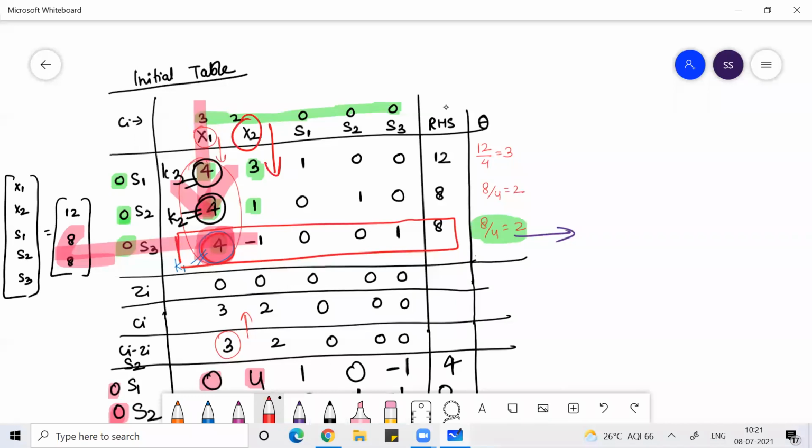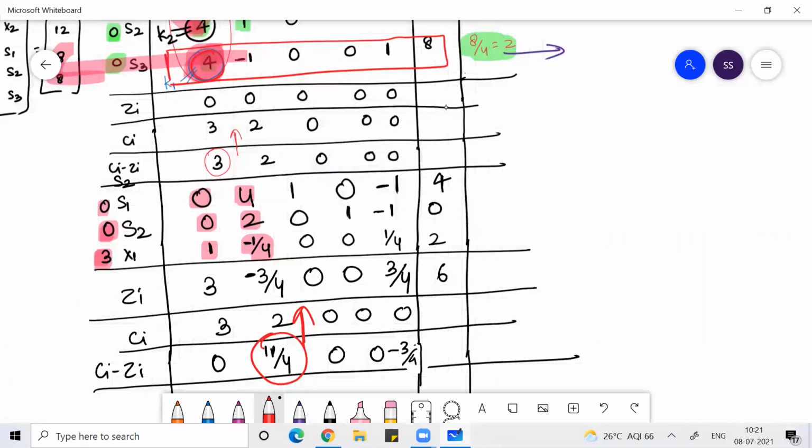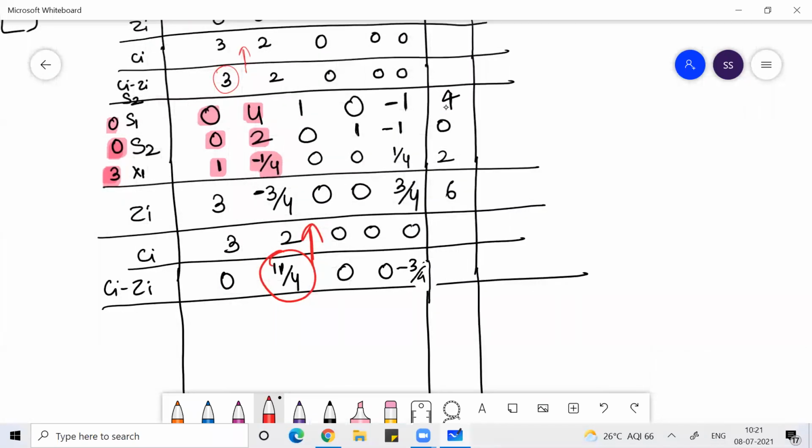So X2 will enter into the solution. Then X2 will replace either S1 or S2 or X1. But you will not be able to replace anything which has a negative sign. Here X1 you can see negative sign. So we are very sure that X1 is not going to get replaced.